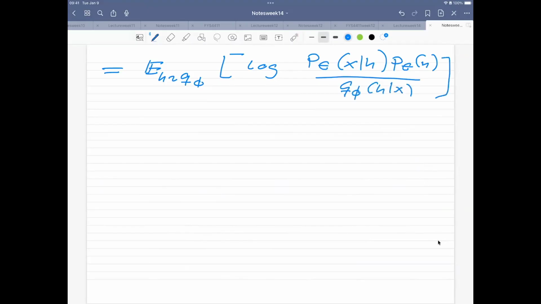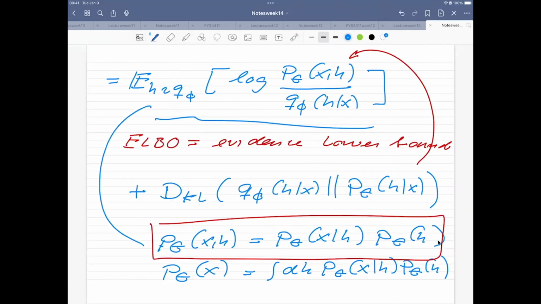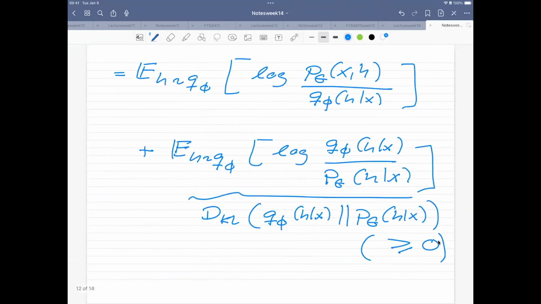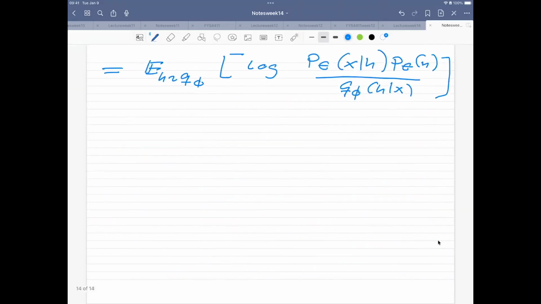If you look at that term in particular, not the final term, I should actually put an equality sign to this term here. So this is the term we are looking at now, not the Kullback-Leibler term which we have there.